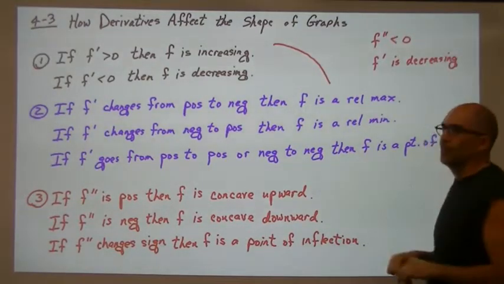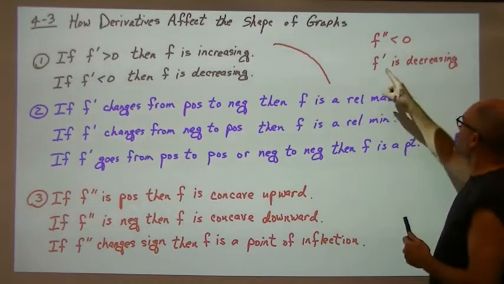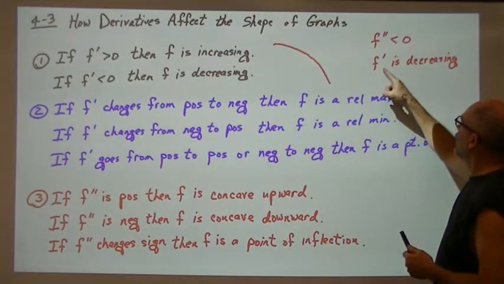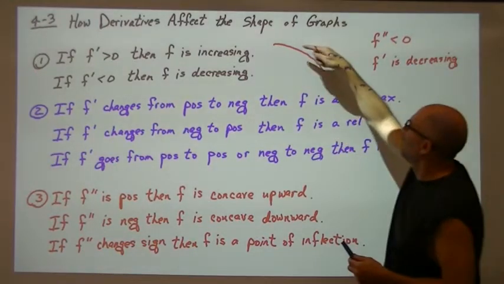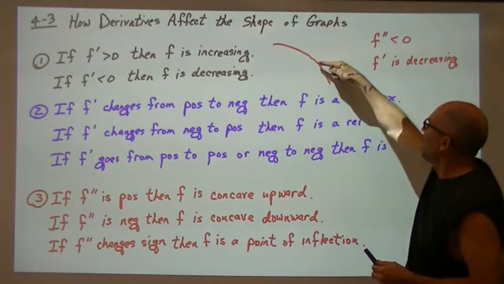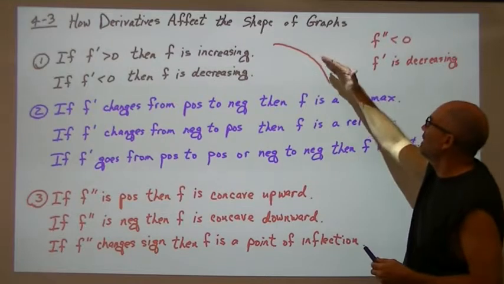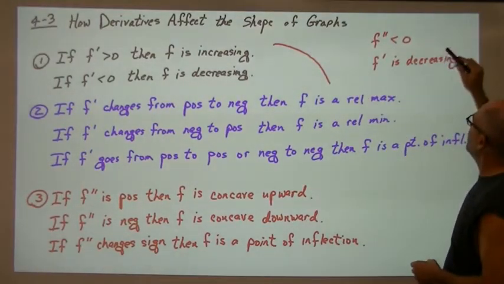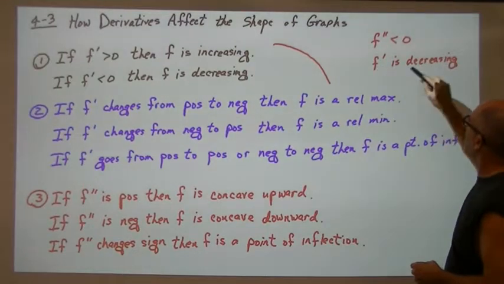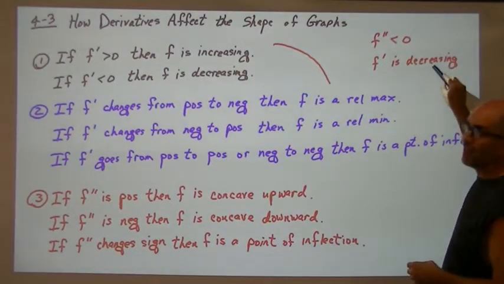Remember, f double prime is the rate of change of f prime, and f prime is the rate of change of f. So what's happening here is the function is getting steeper and steeper in the negative direction. That means f prime is getting more and more negative.